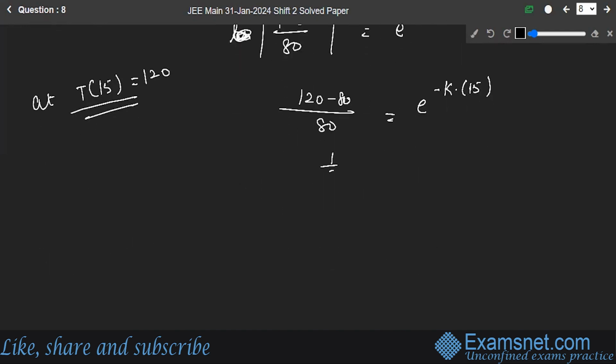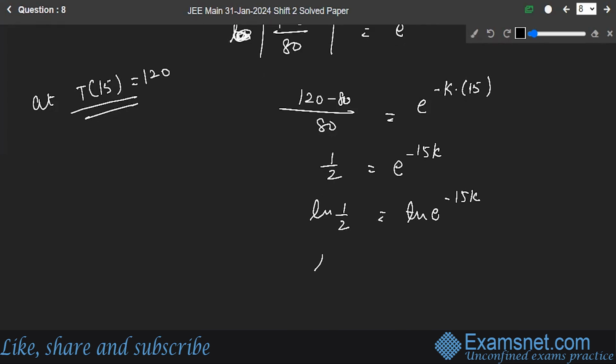This is 40 upon this. That gives me 1 by 2 is equal to e raised to power minus 15K. Or taking log on both sides, you will have log 1 by 2 is equal to log e raised to power minus 15K.